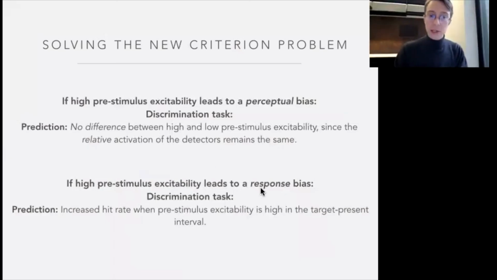If high pre-stimulus excitability leads to a response bias, namely a tendency to answer that the target was present in the target present interval, this will lead to an increased hit rate when pre-stimulus excitability is high in the target present interval. And so you'll be better at the task.